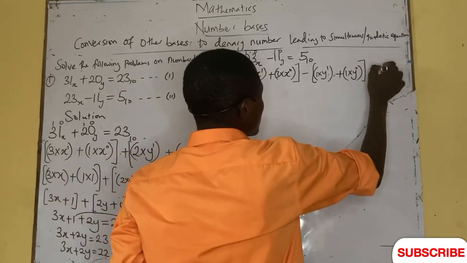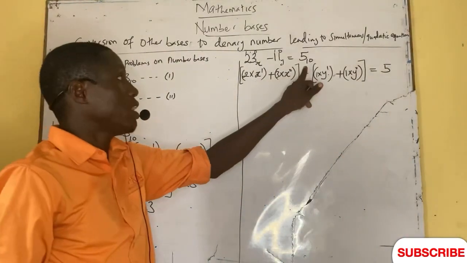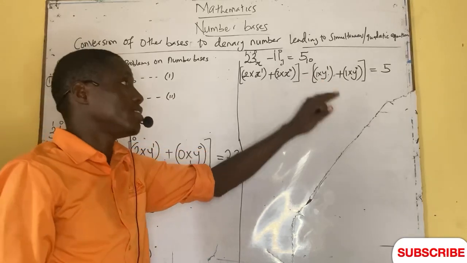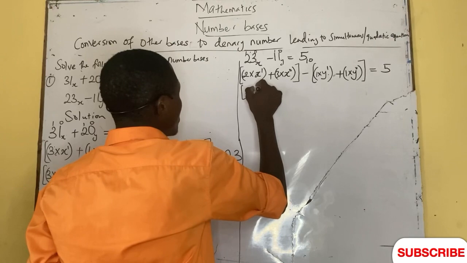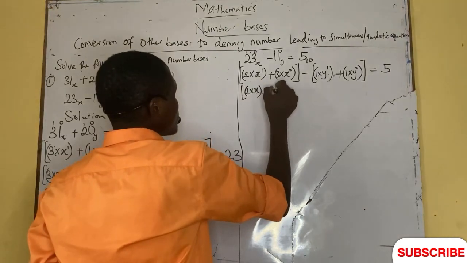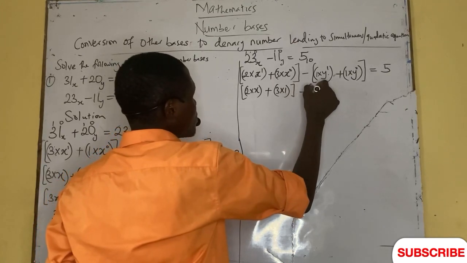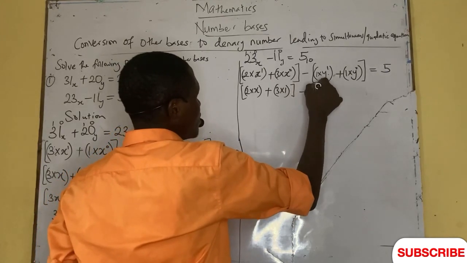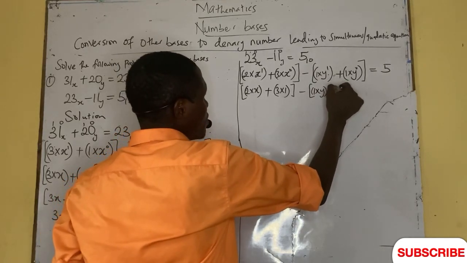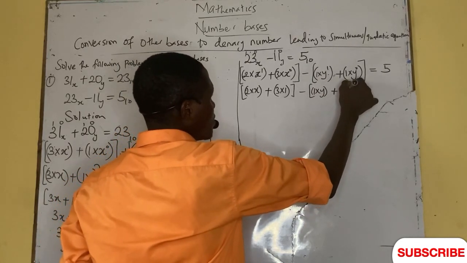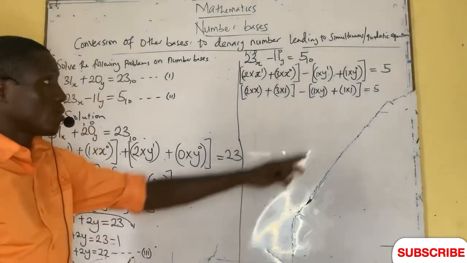Then equal to 5. I told you there's no need for you to convert this one because it's already in base 10. So the next thing to do now is 2 times x now plus 3 times 1 minus open bracket, y times 1. y raised to the power 1 is y plus 1 times 1, bracket close equal to 5.